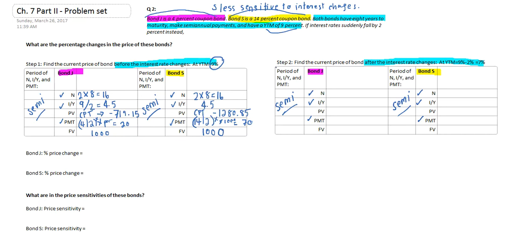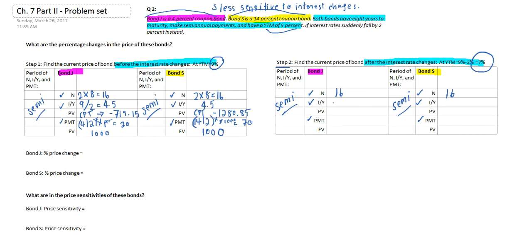Coming to the second part, we're going to calculate the bond price once the interest rate changes, and the scenario that we were given is the interest rate falls by 2%. So from 9% it moves to 7%. Everything is going to be the same. N is 16 for both of them.